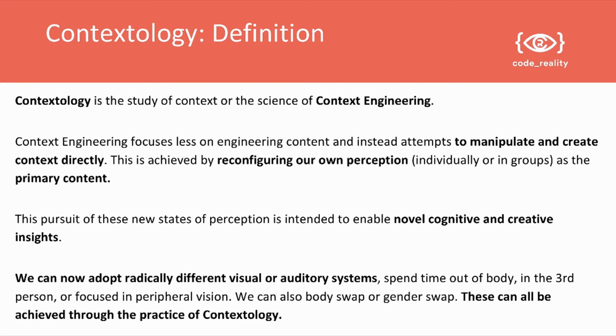This pursuit of these new states of perception is intended to enable novel cognitive and creative insights. We can now adopt radically different visual or auditory systems, spend time out of body, in the third person, or focused in peripheral vision. We can also body swap or gender swap. These can all be achieved through the practice of contextology.